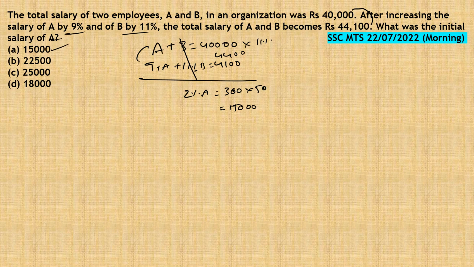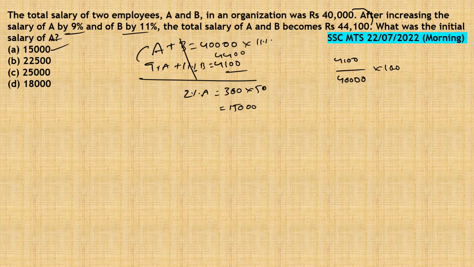We can do it by the allegation method. We will learn it clearly in the chapter of average, but I will show you how to do it. The salary increased is 4,100. By how much percent? 40,000 was the salary before, increased by 4,100.